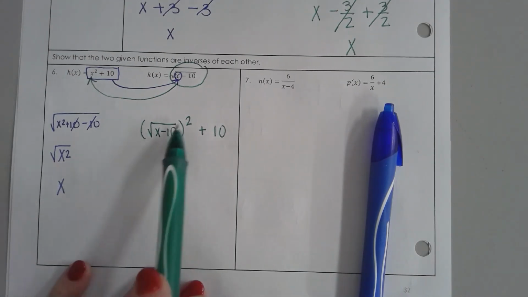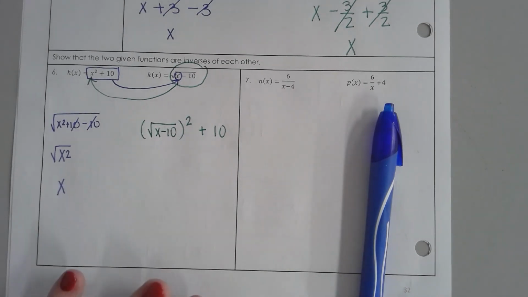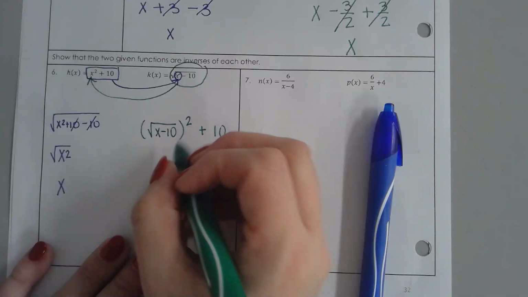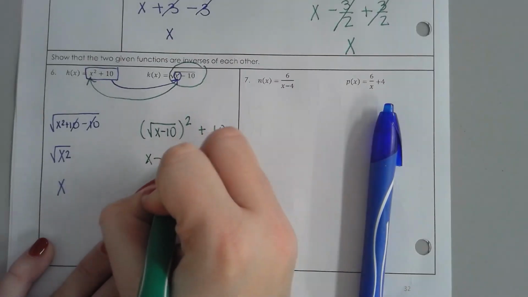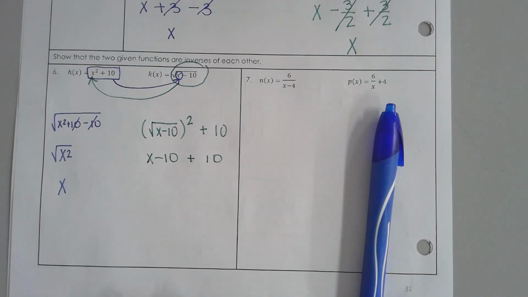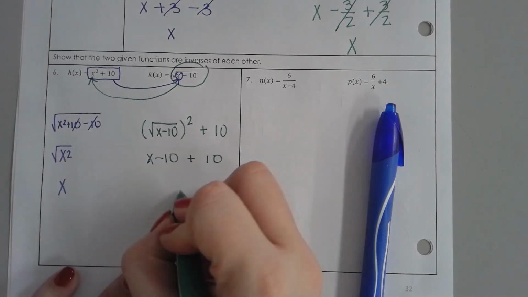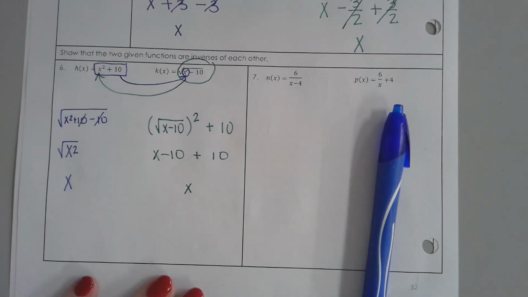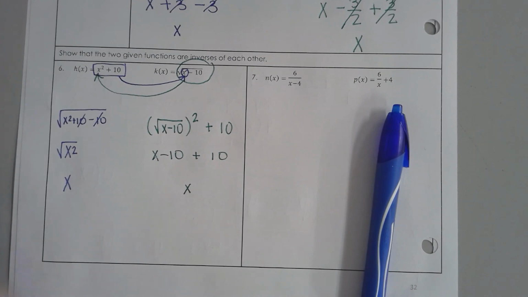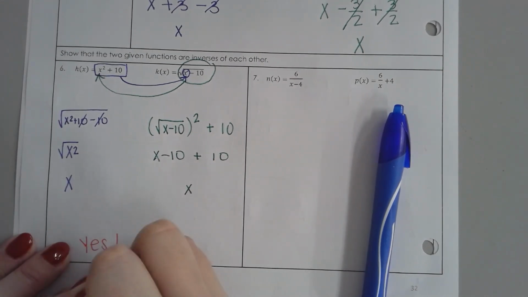When you have a square root and a squared, they cancel each other out. And basically we're just left with x minus 10 plus 10, which is x, because the negative 10 and the positive 10 cancel. So are they inverses? Yes, they are.